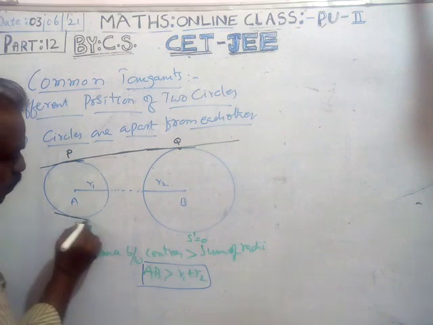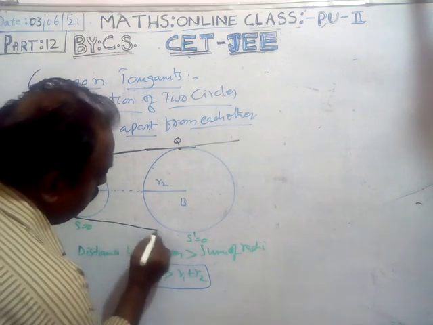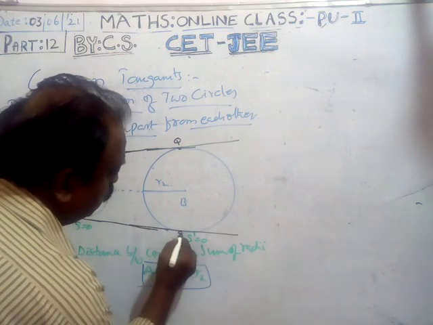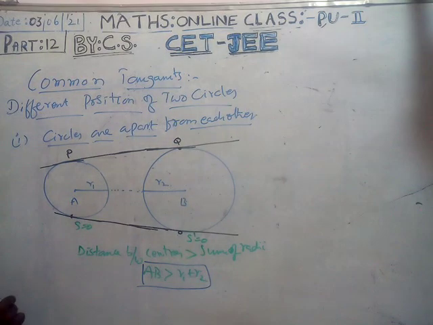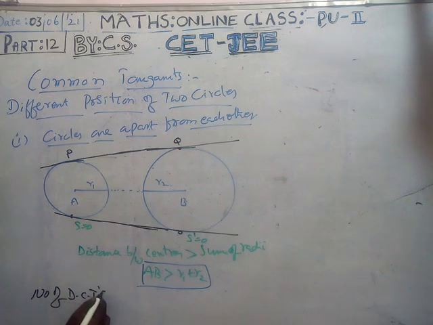Here also one can be formed. Here also can be formed. So the number of DCTs is equal to 2, important.